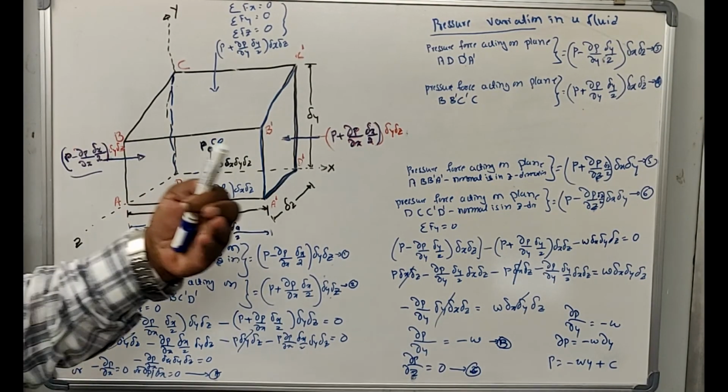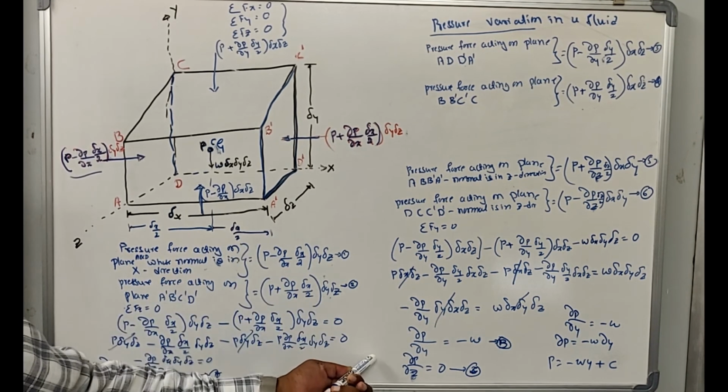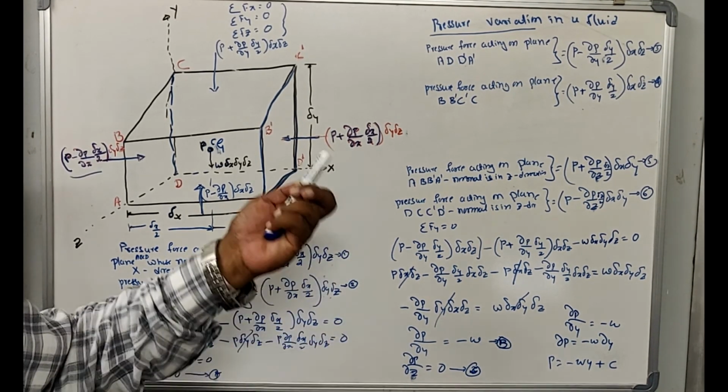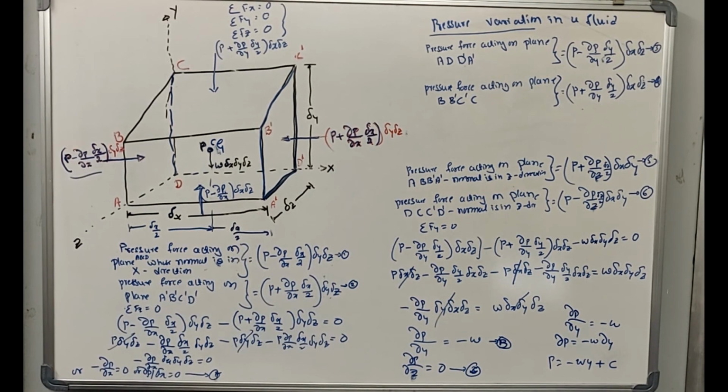Whenever you want to know the variation of pressure, or where the maximum pressure is going to act on the supporting plane, then you make use of this equation. So this is the basic equation, and applications we will study later on.